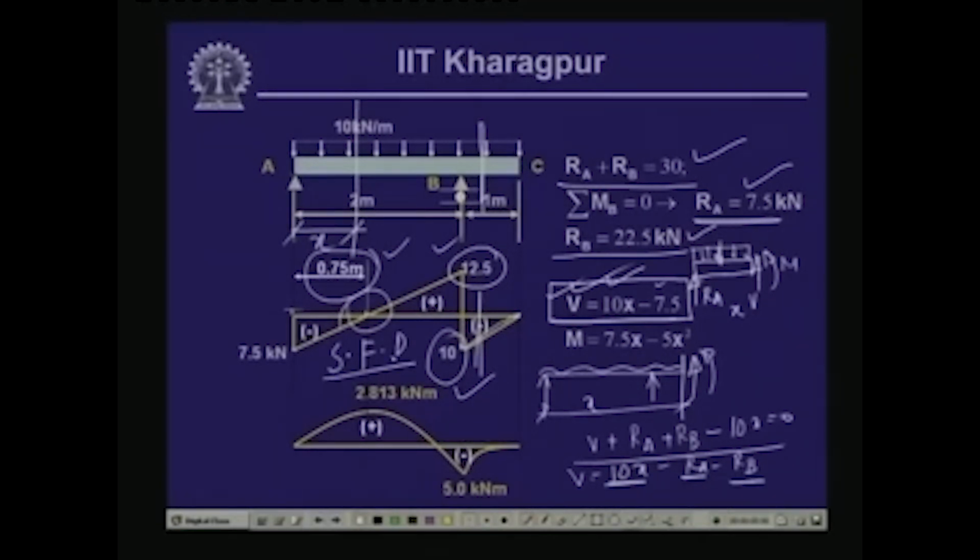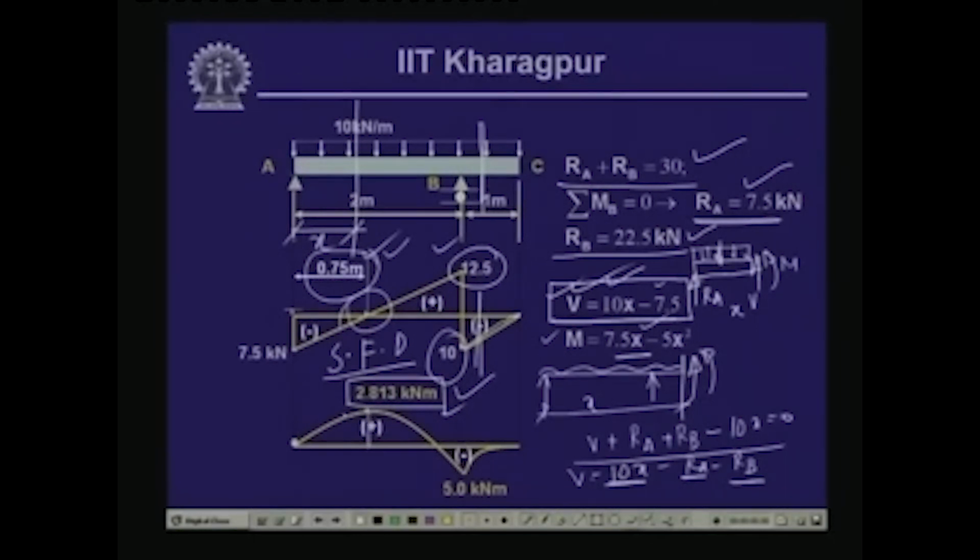Consequently, if we look into the value of the bending moment, when x equals 0, the moment is equal to 0, and this is what is reflected over here. When x equals 0.75, we get a bending moment of 2.813 kilonewton meter. If we substitute x equals 0.75, this is the bending moment, and this is the value of the maximum positive bending moment.